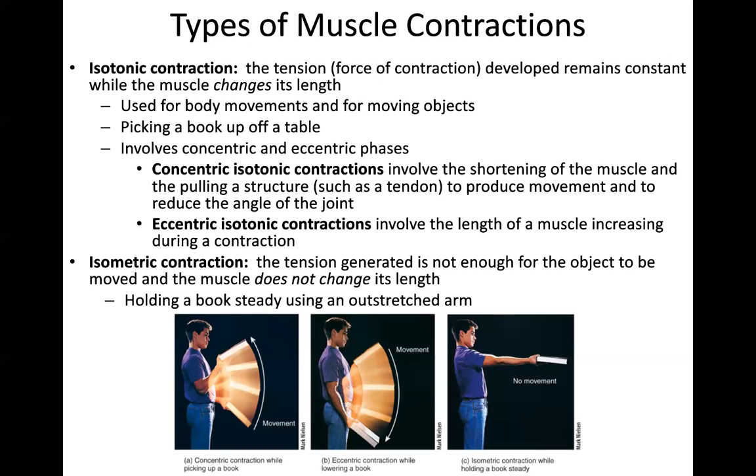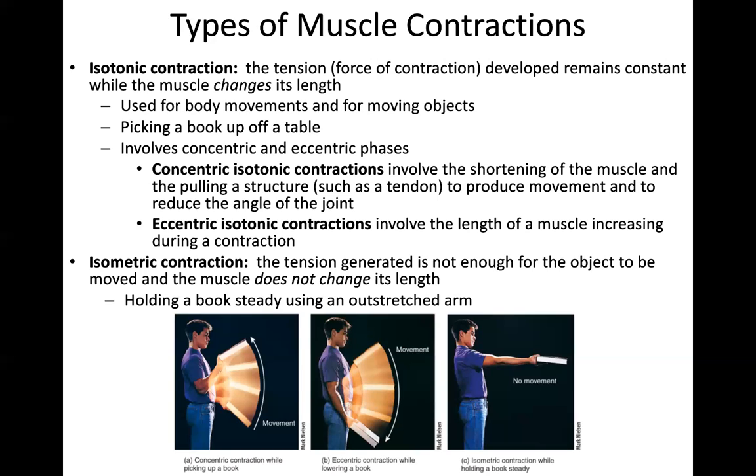Like I said, most of what we would think about as far as types of muscle contractions, we'd be thinking about isotonic. But we also have what's called isometric contractions, which is where we generate force, but it's not enough force for the object to be moved. Therefore, the muscle does not change its length.